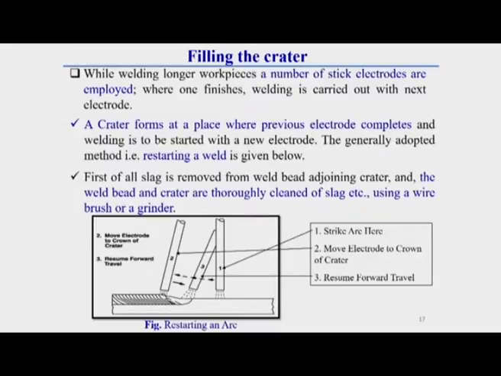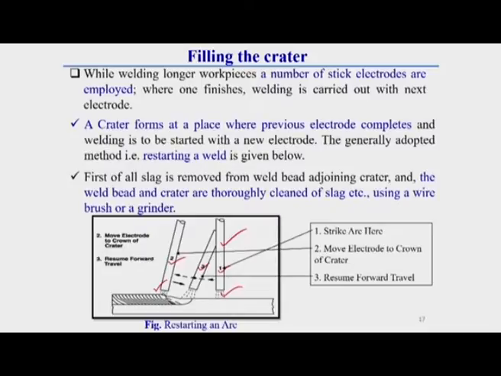Then this restarting sequence is required. What is the sequence? First, tap the electrode away from the weld region and start the arc there. Immediately, in the second step, move the electrode to the crown of the crater. Then, in the third step, resume the forward travel and do the welding operation.